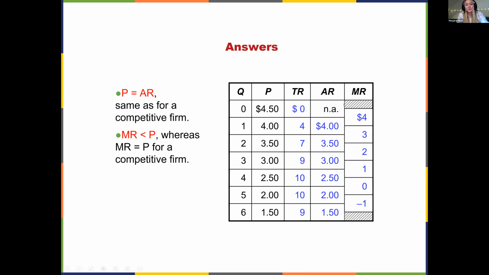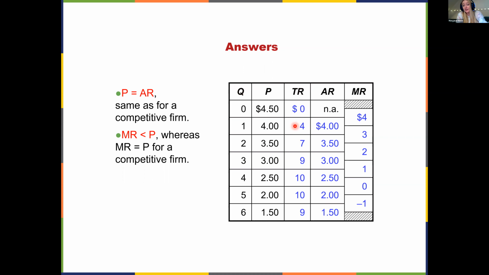Now, average revenue is very similar to when we were calculating average total cost, average variable cost, and average fixed cost. You can also calculate average revenue. How do you calculate average revenue? Total revenue divided by the quantity.